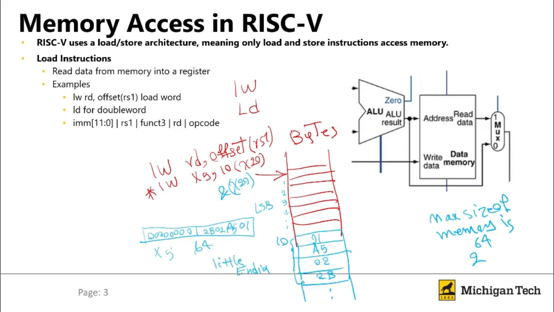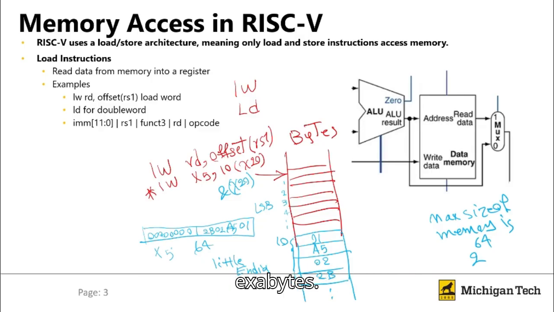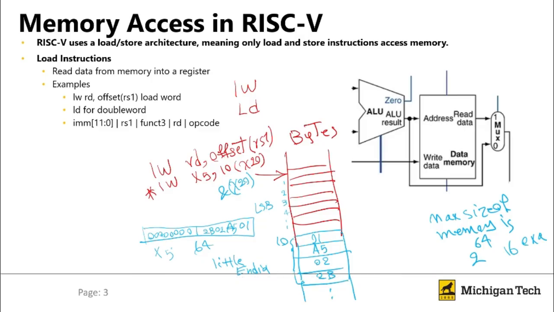It is exabytes. How many exabytes? I think 16 exabytes. Because tera means 2 power 40, peta means 2 power 50, exa means 2 power 60, but it's still 64. So we need 16 exabytes.